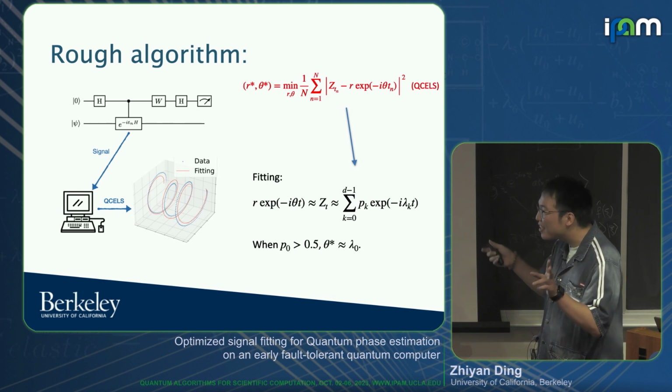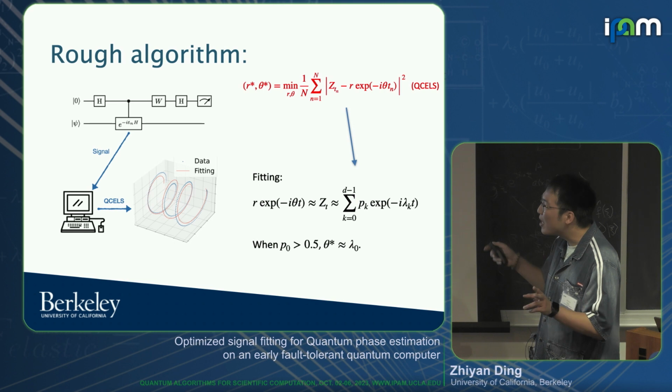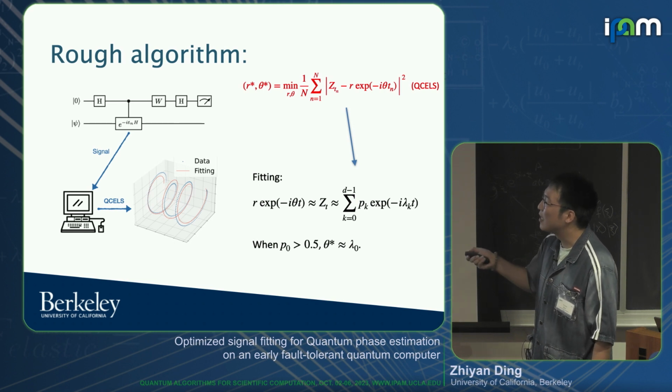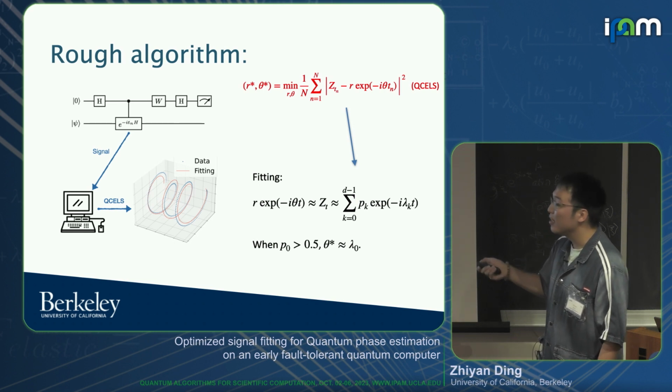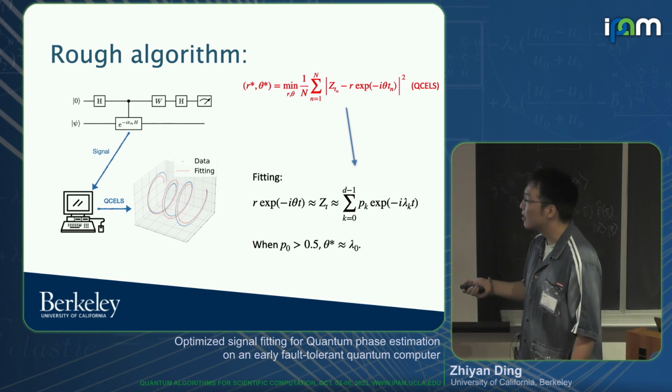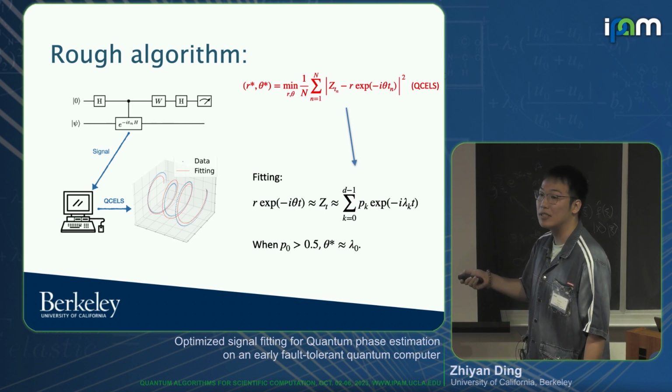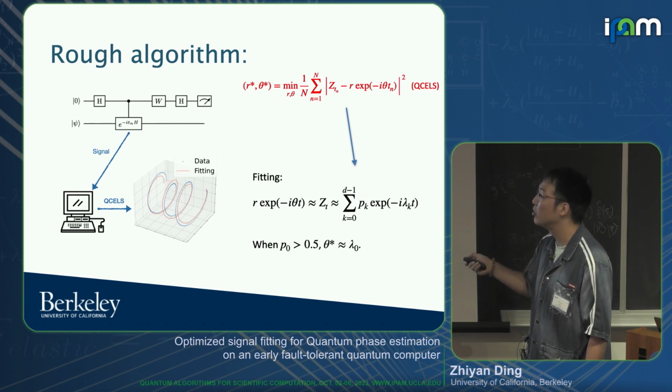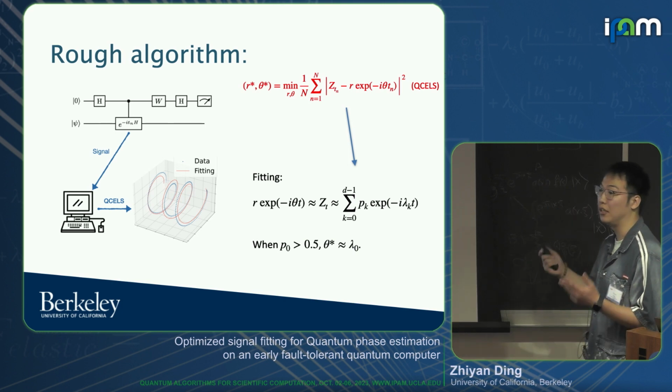The important part is, since this p0 is larger than 0.5, to make my single signal fit this multiple signal, the optimal choice should be that my theta star is closer to lambda 0. So this is the intuitive way.